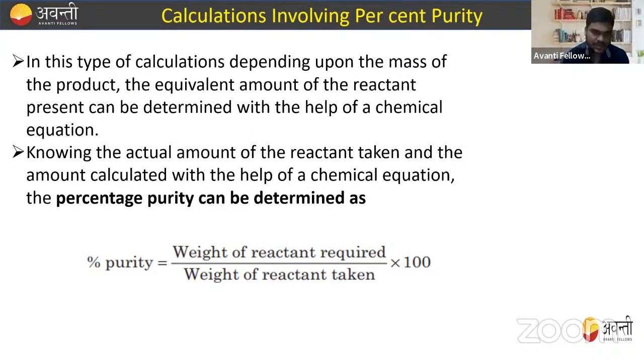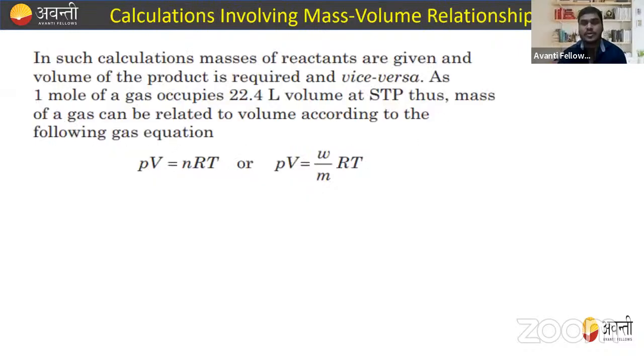So how will you determine the percentage purity, beta? Percentage purity is equal to weight of reactant required divided by weight of reactant taken, multiplied by 100.